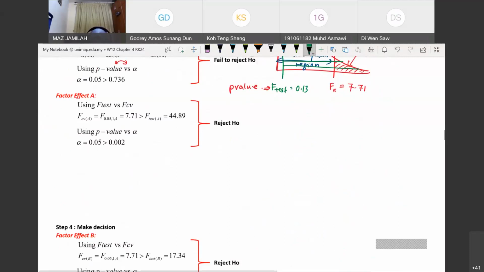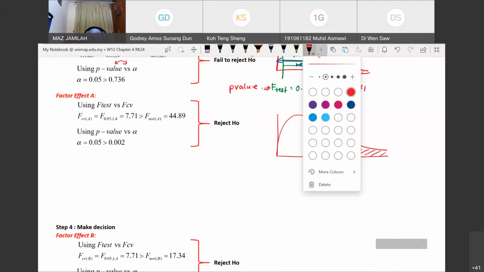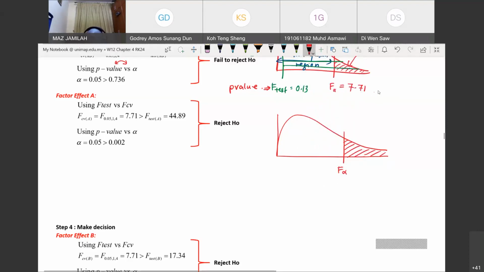If I sketch my F distribution, I have my F critical, F alpha, that is 7.71, and then my alpha over here, 0.05.